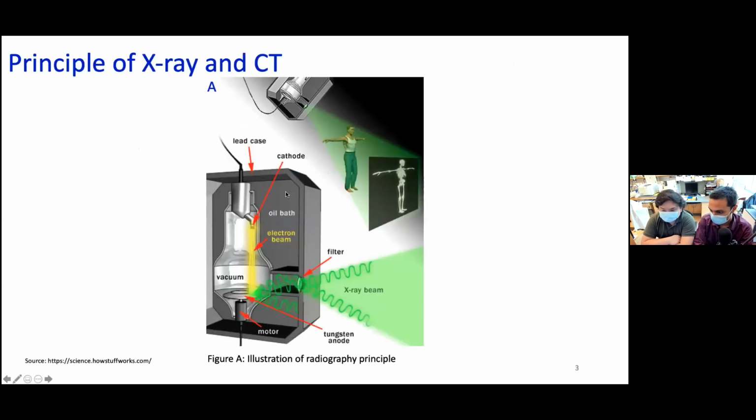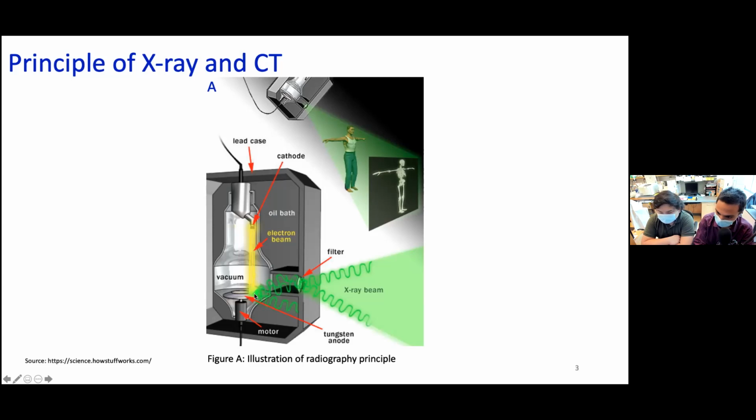So once again, this is the principle of the X-ray. The X-ray tube is encased in lead so that the radiation is not coming out in all directions. The power supply is provided to the cathode over here, which generates the electron beam. Under the vacuum, there is an anode rotating over a motor, which is tungsten in most cases.